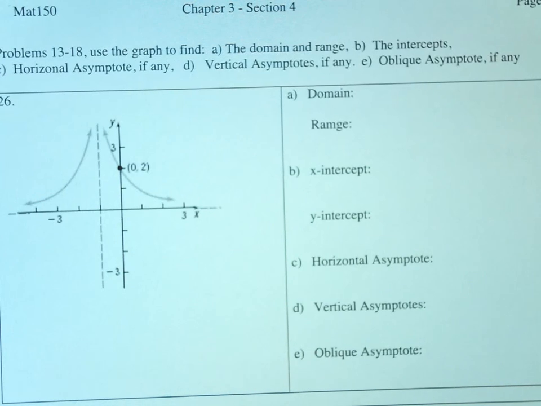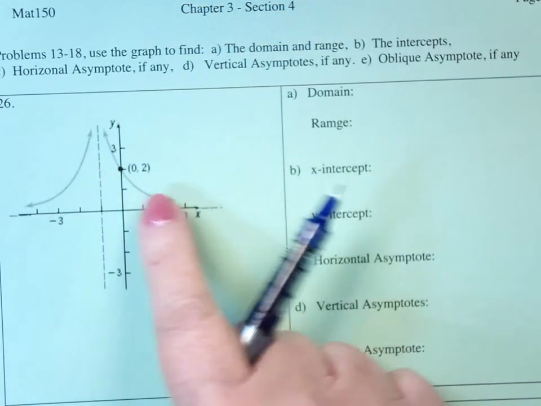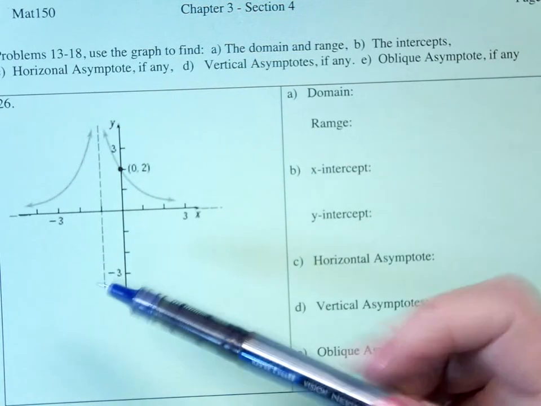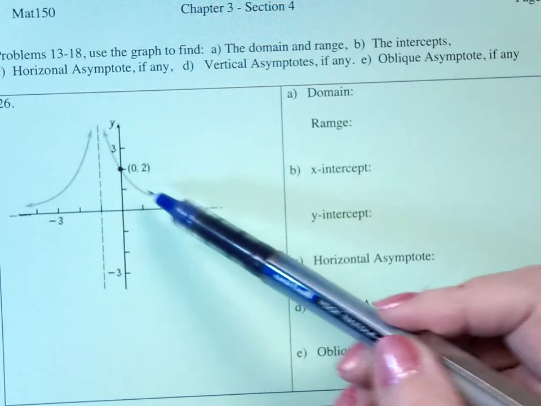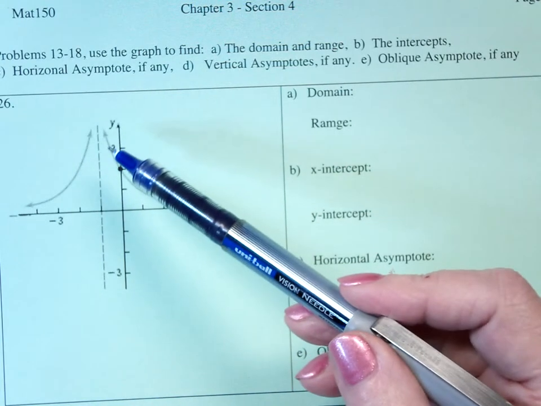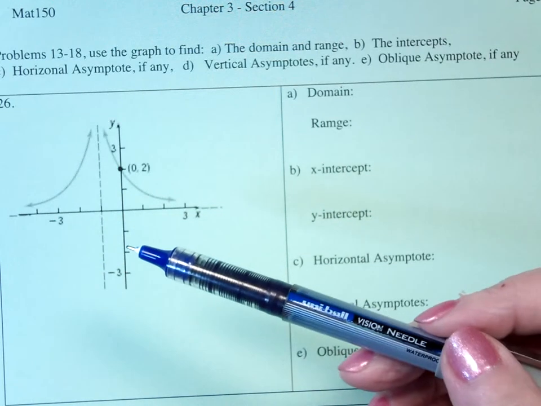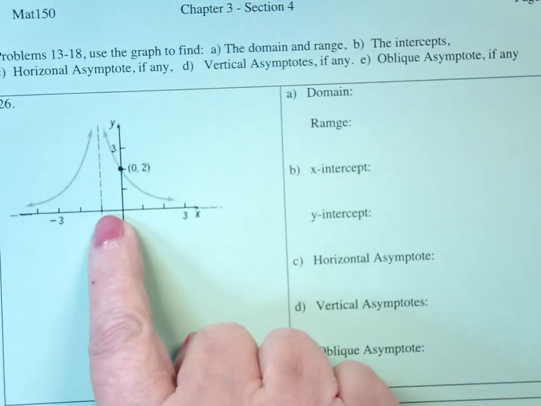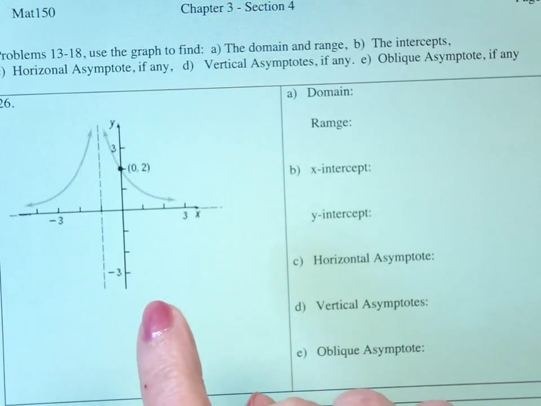So if I look at the first problem right here, if I had to guess who this was, this is y equals 1 over x squared, because we saw it yesterday. It looks like it's shifted to the left by 1 unit, so that would be 1 over (x plus 1) quantity squared.